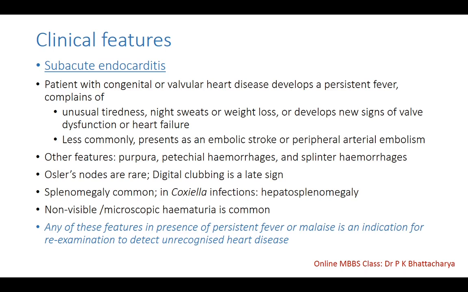So a person coming to you with a continuous low-grade fever, wasting, clubbing, splenomegaly, some features of acute glomerulonephritis, or on urine you may find microscopic hematuria or digital splinter hemorrhages. So in any of these, the underlying heart disease may be silent.